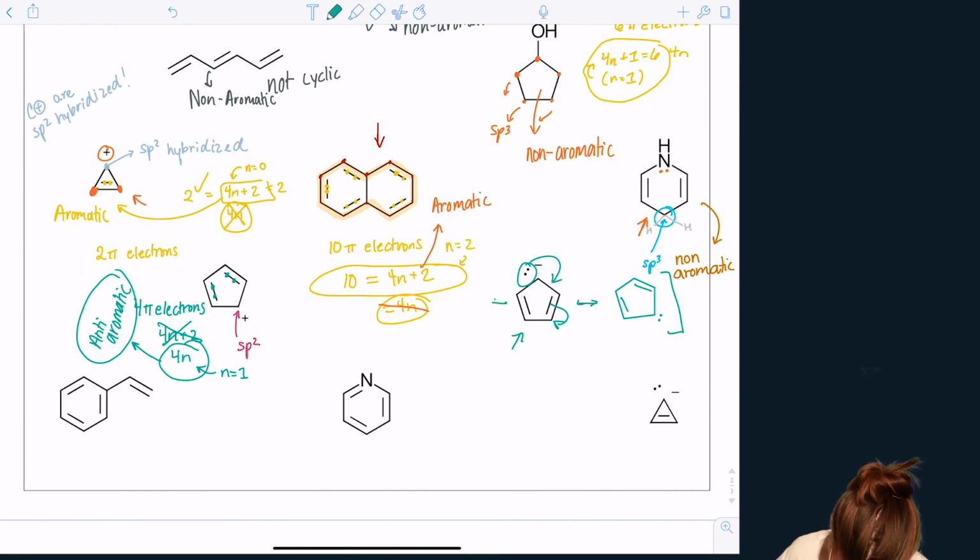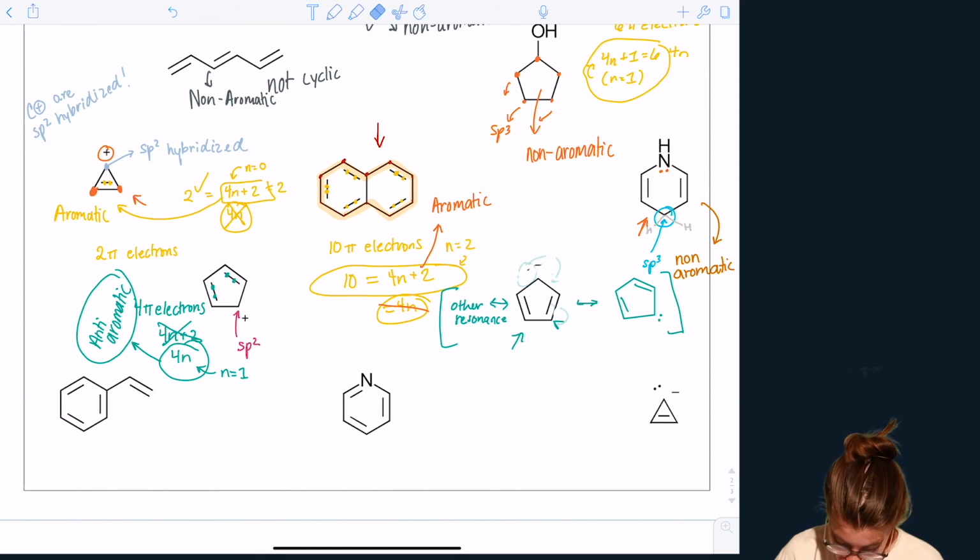So, because of that, and there's another resonance, I'll let you guys draw in that other resonance. So that means that I am going to count the electrons in a carbanion as being pi electrons, okay?